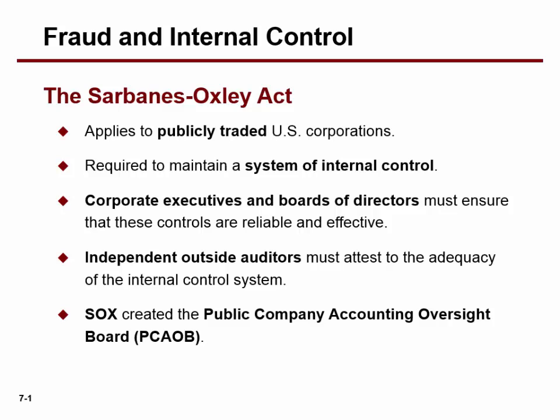A company literally needs to provide in their annual report an attestation that they have the appropriate controls. So this is something that is for public companies, and they literally get an opinion from their auditor saying that they have the appropriate internal controls.